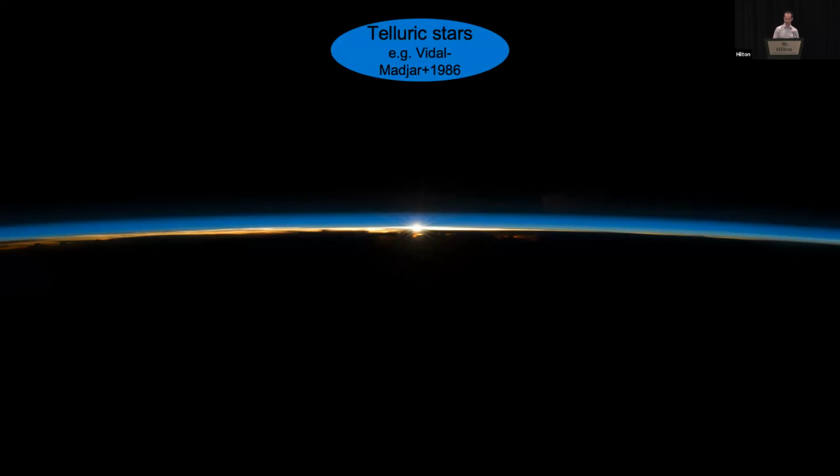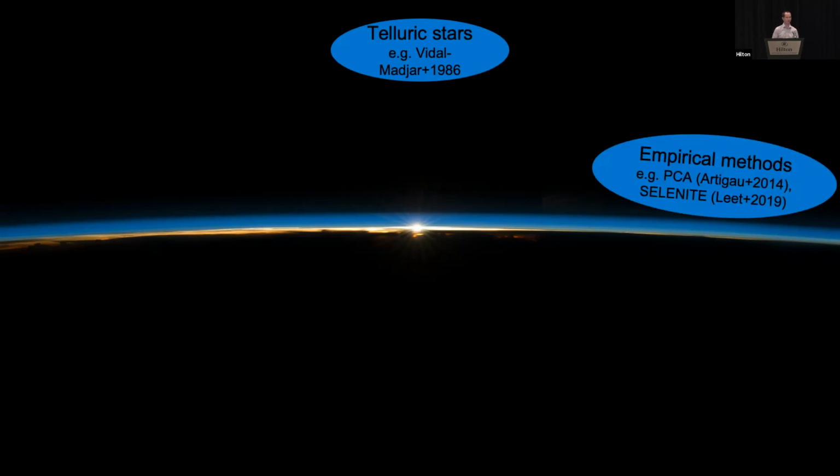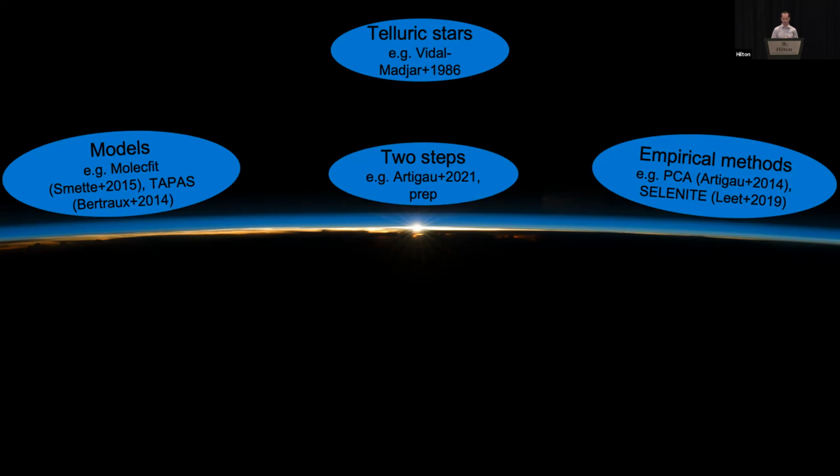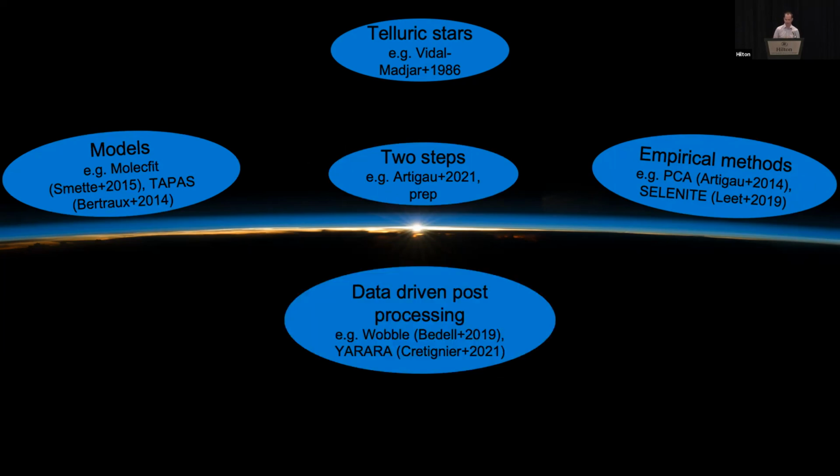There are also empirical methods using PCA-like techniques. We also have model-based methods like MolecFit. We are starting to see a combination of model and empirical methods, as is done for the EPRV pipeline in SPIRou and NIRPS. And finally, we also have data-driven post-processing techniques like wobble or YARARA.